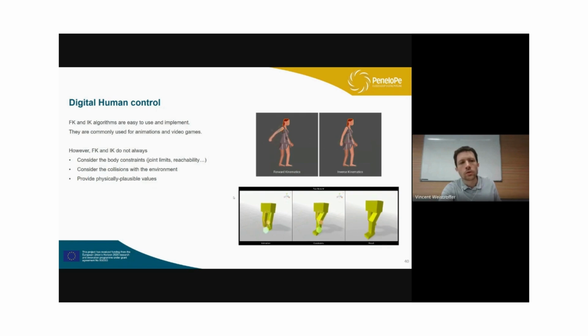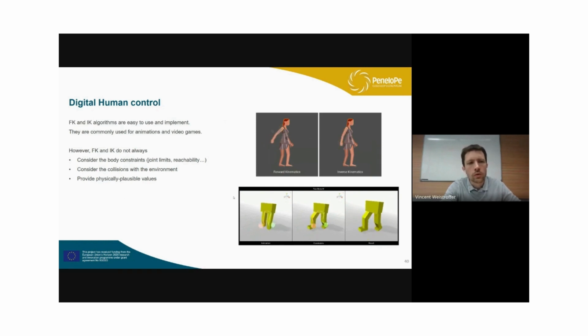The main drawbacks of these algorithms, especially inverse kinematics, is that they do not always consider the body constraints, so the joint limits. It doesn't consider if a target is reachable or not. It also does not consider some physics parameters, such as the mass of the bones.